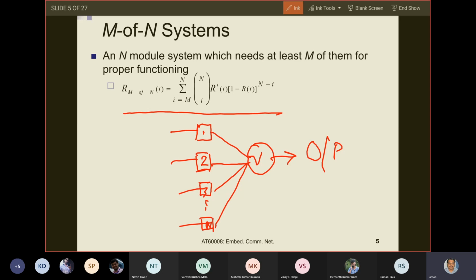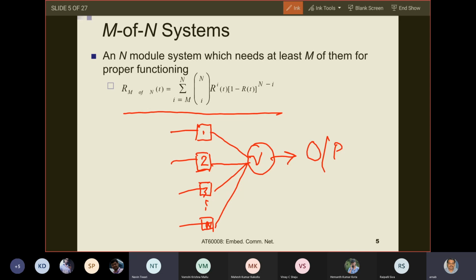What is the probability that one of the n components is working incorrectly and all other n minus 1 components are working correctly? In how many ways can you have one component working incorrectly and n minus 1 working correctly? NC1.